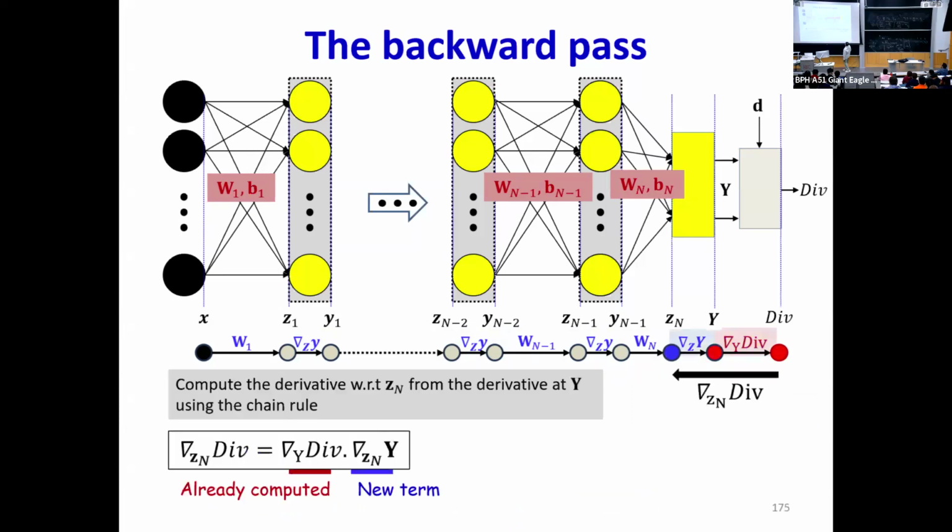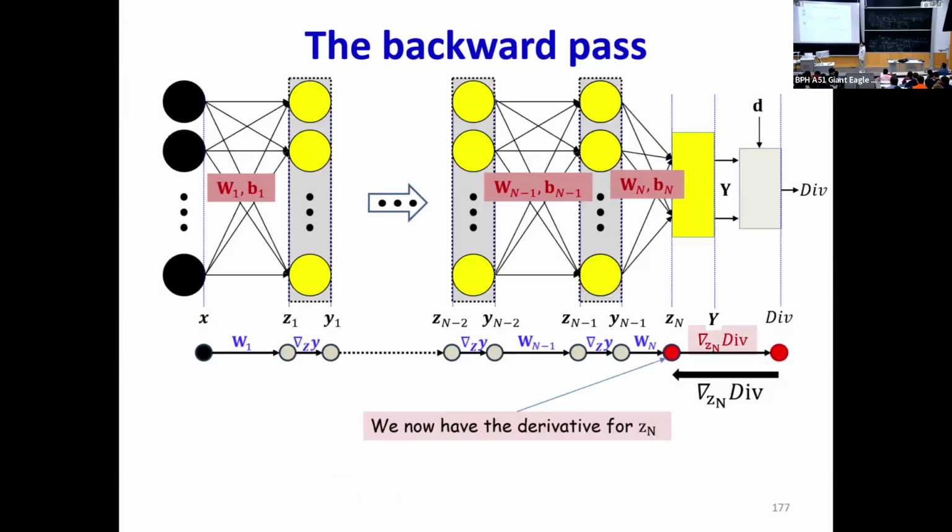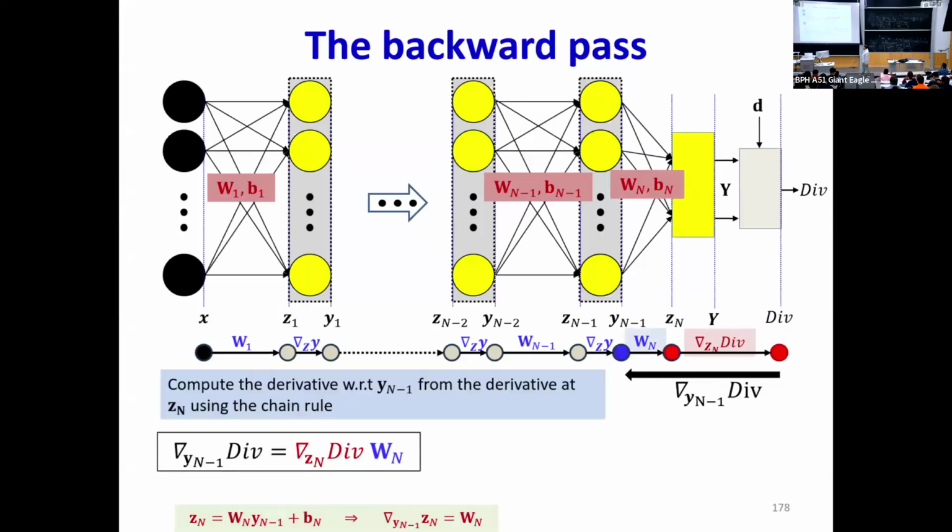To get the derivative for z, I just multiply that by this new term, which is the Jacobian. Then to get the derivative for y, I'm just going to multiply that by the derivative on the edge, which is the weight matrix, right?